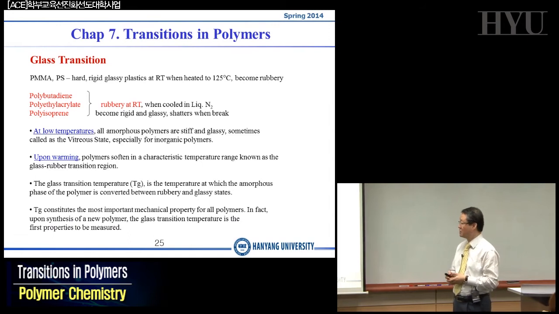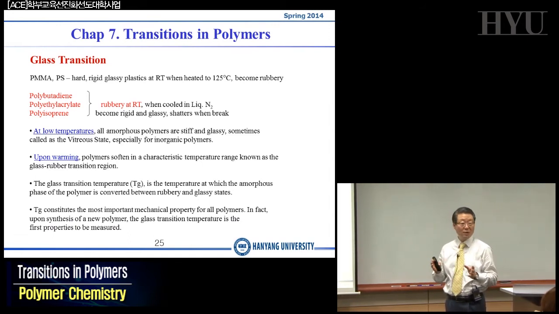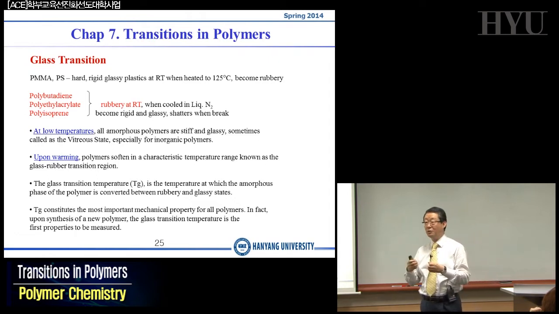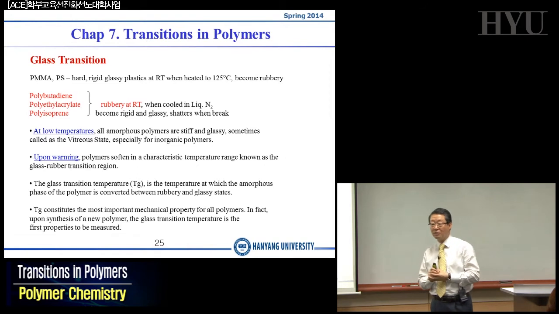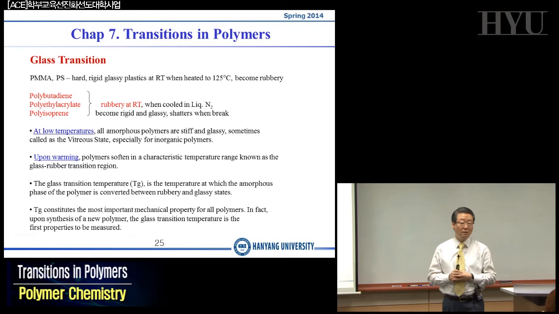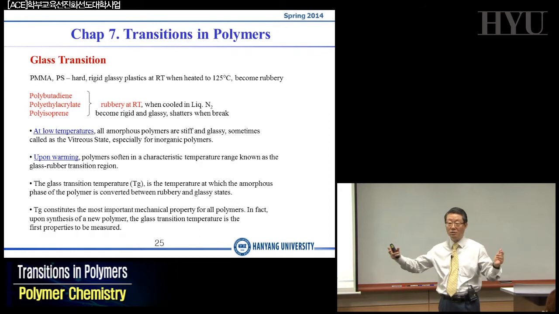Tg, therefore, constitutes the most important mechanical property. So mechanical properties will depend upon the glass transition temperature of the polymers. If you have a high Tg material, this material is very difficult to break. So you have very high mechanical properties for these materials. A high Tg material can be made by adding benzene rings in your backbone.